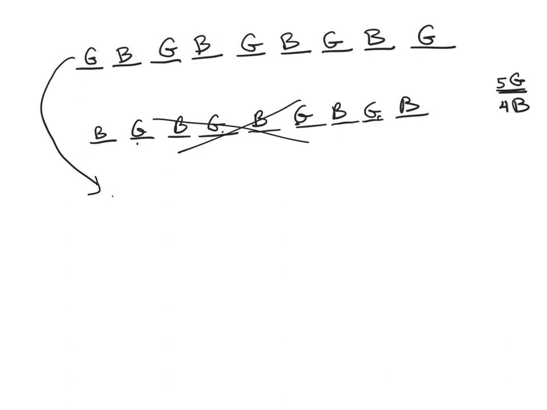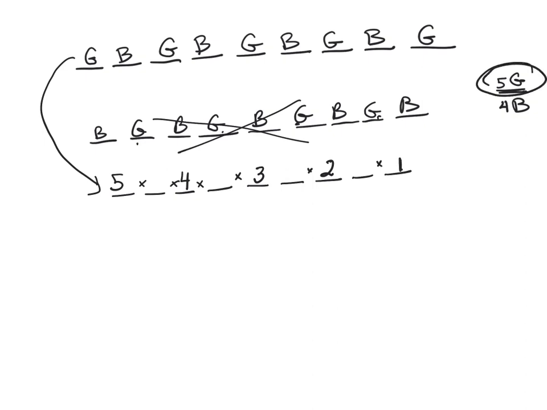Let's list the possibilities. We have 5 girls for the first spot. Once she sits down, 4 for the third. Once 2 of the girls sit down, we've got 3 for the middle spot, and then finally 2 left for this spot and 1. So these are the girls. As far as the boys go, we have 4 choices for the second spot.